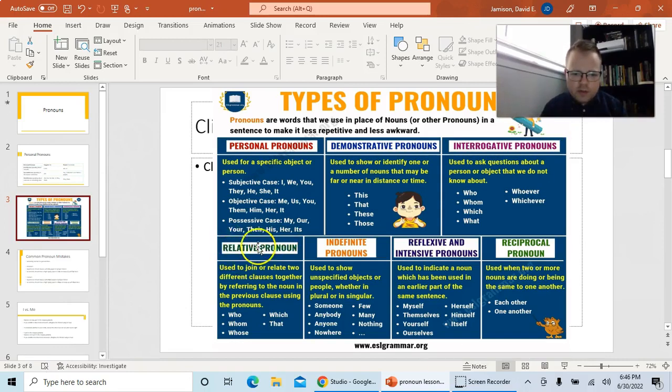And relative pronouns next. So I'll just read this because it's a little complicated. Used to join or relate two different clauses together by referring to the noun in the previous clause using the pronoun. So that's a little bit wonky, but it's not so hard. I'll give some examples.